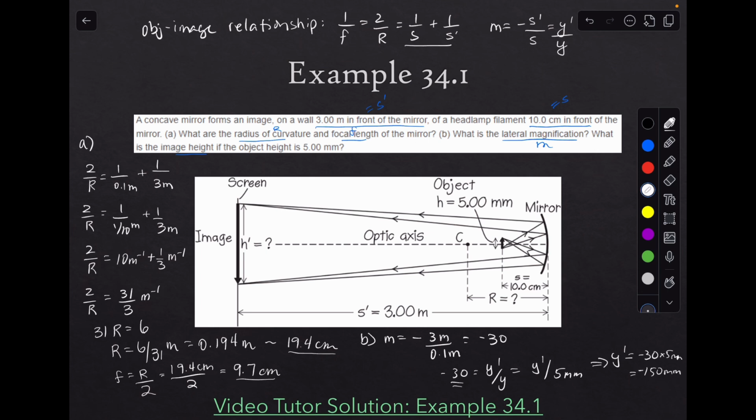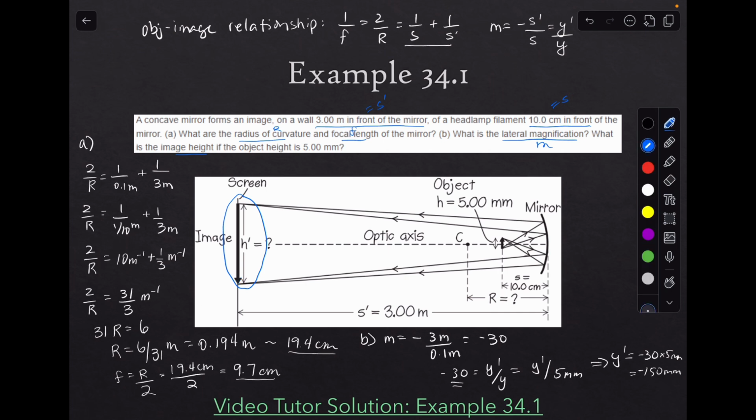So that negative sign there means that the image is inverted, okay? And if we look at the picture here, which basically has the solution, you can certainly see the image here. The arrow is pointing down, right? Which means the image is inverted, okay?